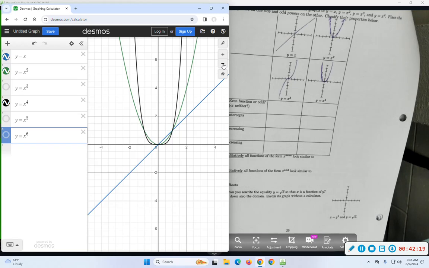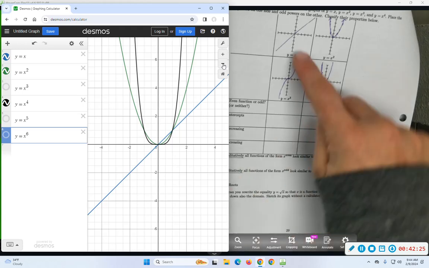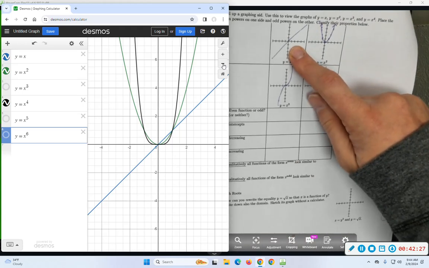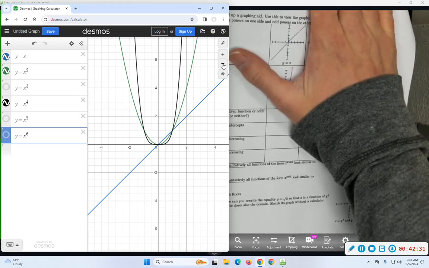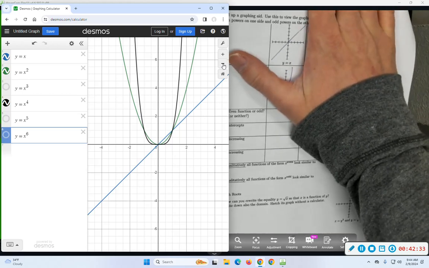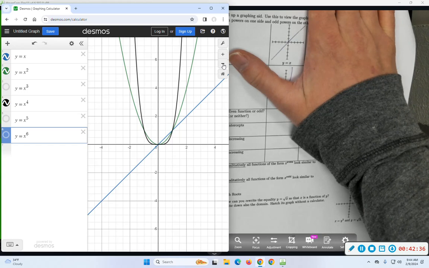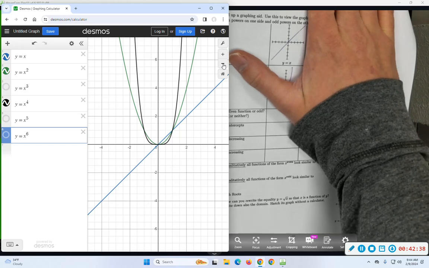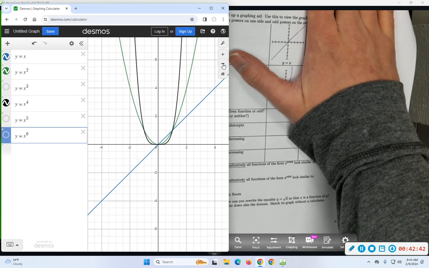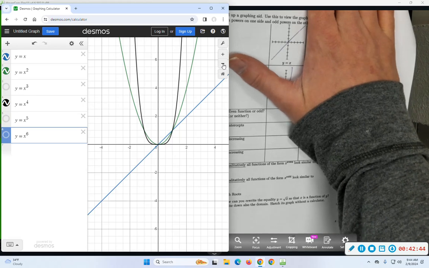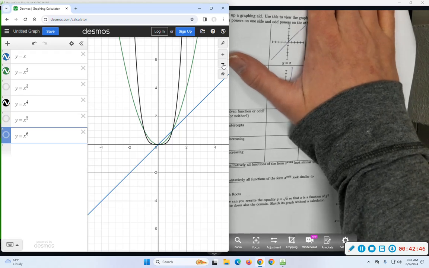Y equals x, even, odd, or neither. Let's see, is y equals x symmetric over the y-axis? No. So it's not even. Is it odd? Yeah, right, because negative x is negative x.